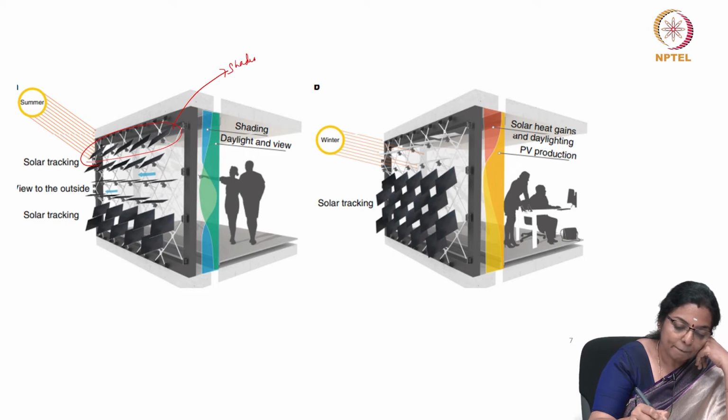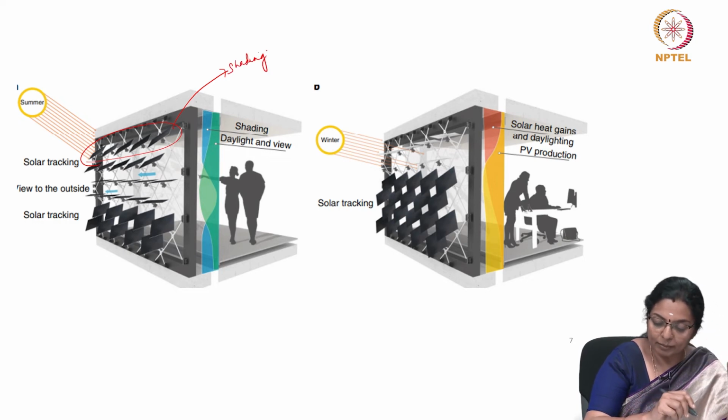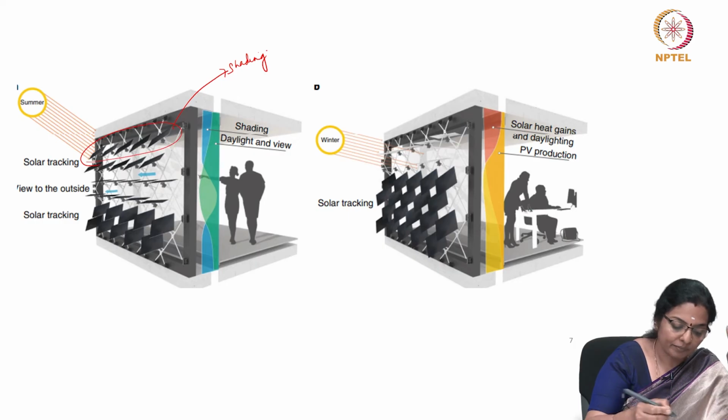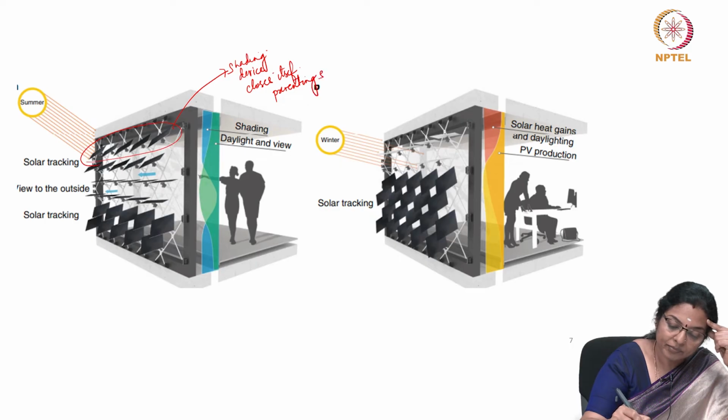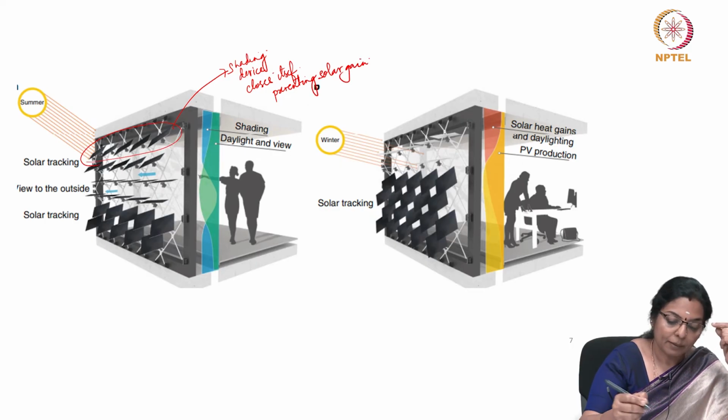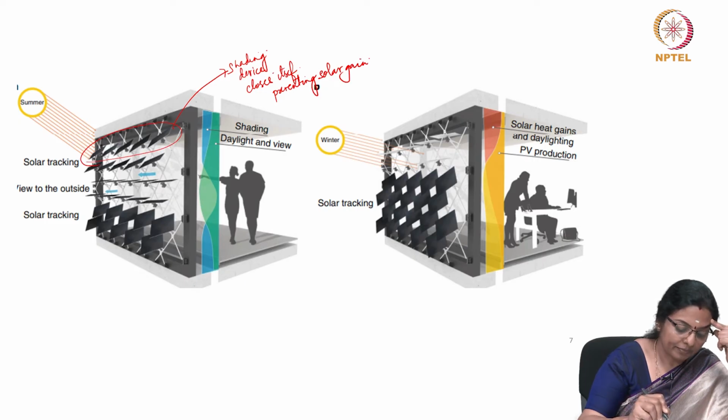Then based on your requirement, for the same condition in the summer, this shading device closes itself, thus preventing solar ingress, preventing solar gain because it's summer outside.